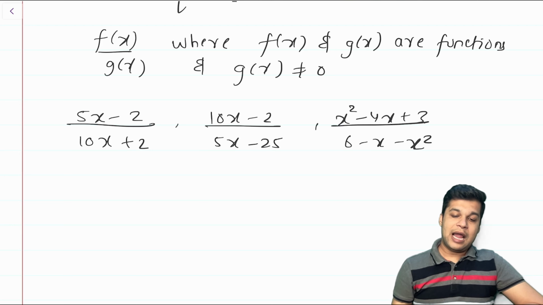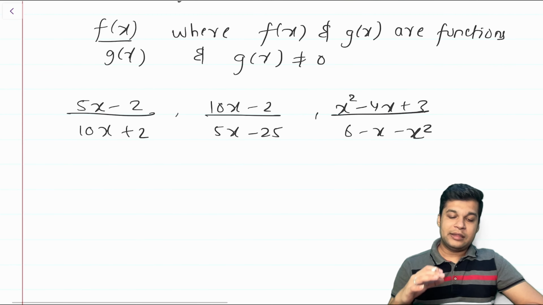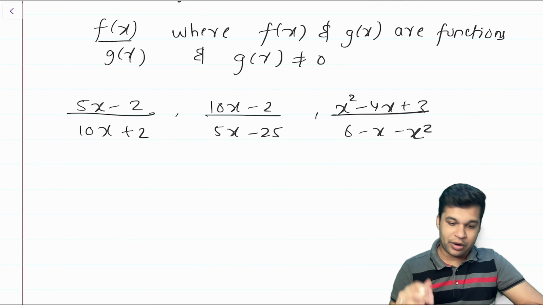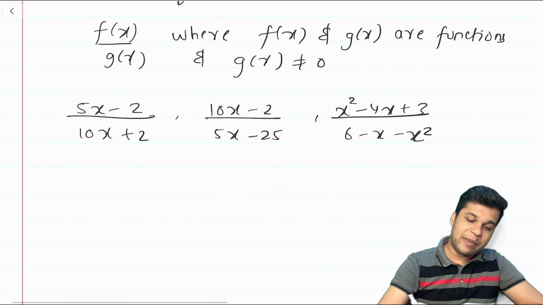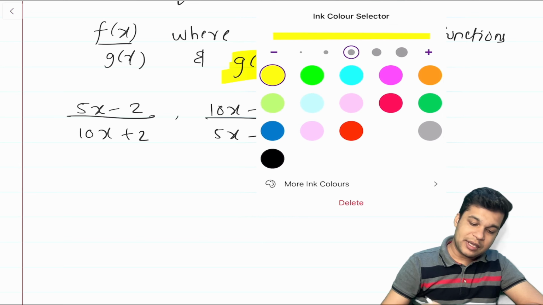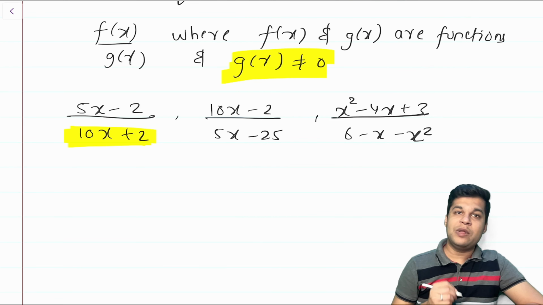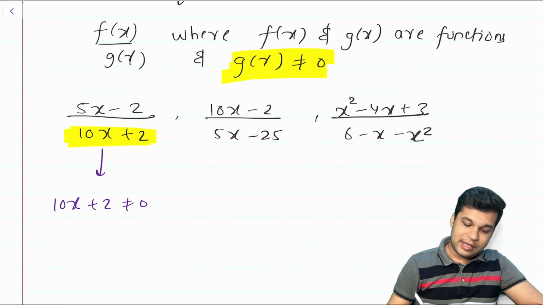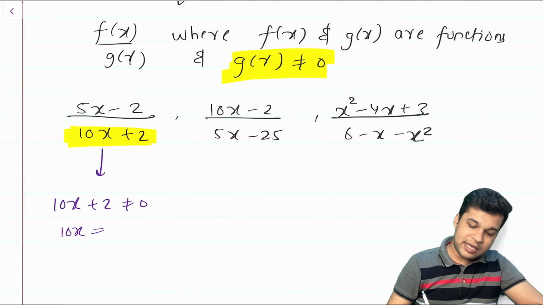Okay. Now guys, there is a very important topic that we should discuss in rational functions. We call it asymptote. Why is it important? Because I have mentioned that in a rational function g(x) is never equal to 0, which means 10x plus 2 will never be equal to 0. So 10x can never be equal to negative 2.